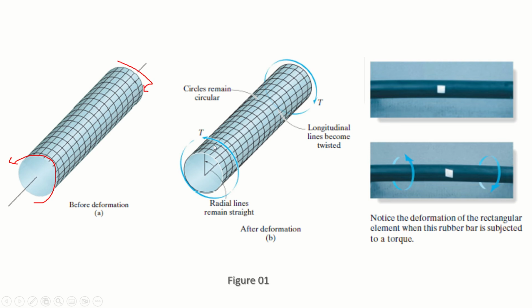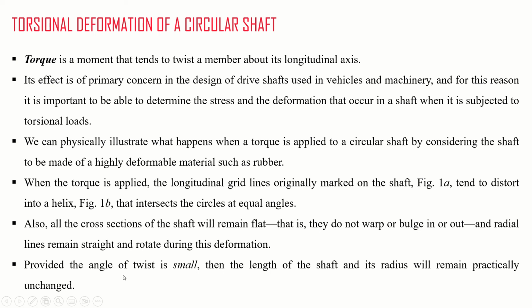Initially they were straight. Provided the angle of twist is small, the length of the shaft and its radius will remain practically unchanged. But if the angle is large, then it will affect the length of the shaft as well as its radius.